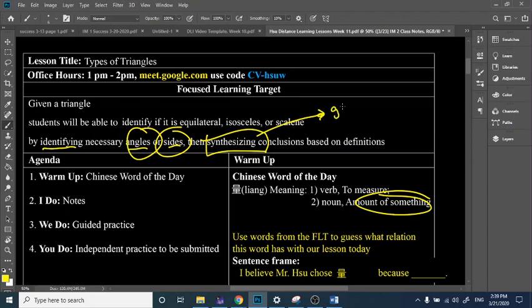So basically, give meaning to information. That's what synthesize essentially means. So you could have guessed something maybe along those lines. All right, let's move on.